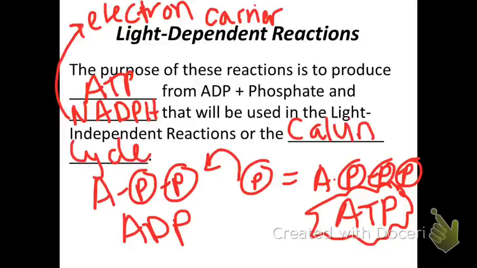Okay, so basically all we're doing in the light-dependent reactions is we are taking the energy from the sun, we're splitting water, releasing oxygen, and we're producing two of the reactants that we need for our light-independent reactions, including ATP and NADPH.